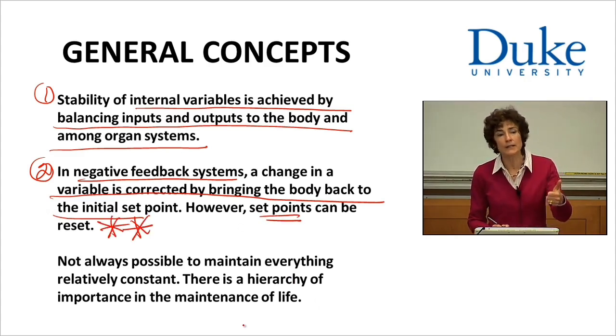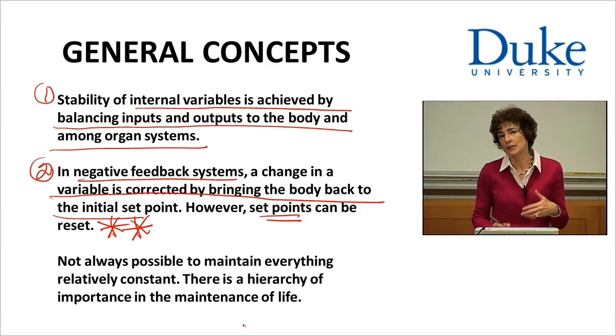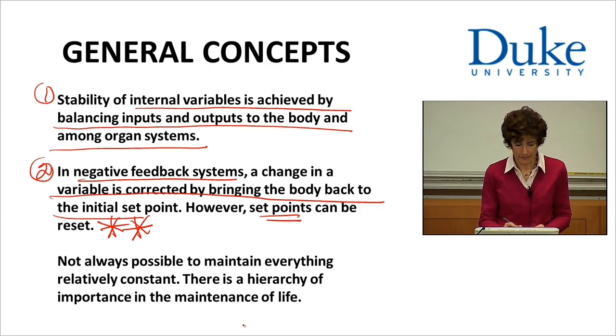We can reset them when we're resetting our circadian rhythms, but we can also reset them to tolerate higher sodium within the body, or to tolerate lower temperatures, or lower or higher blood pressures. So these set points are modified.